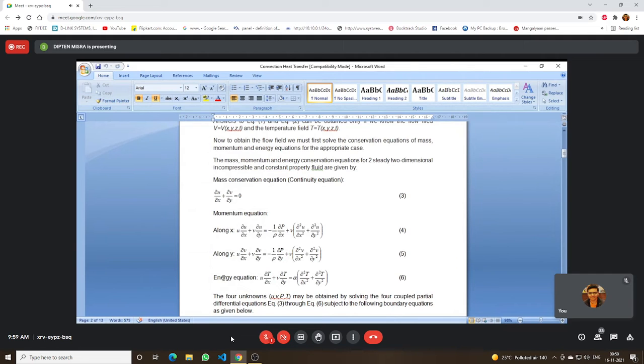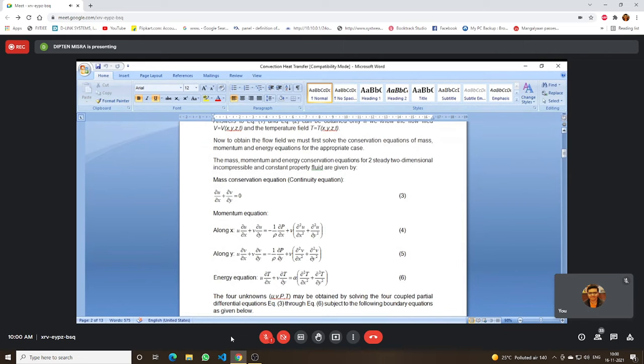If you want to know temperature, you also have to know how U varies with x and y, and how V varies with x and y, and the moment you introduce the velocity, the mass and momentum conservation equations also involve P. So to solve for T, we have to solve for three more unknowns, U, V, and P. Altogether, this is a case of four unknowns and four equations, which if we solve, we can ultimately get the solution for U, V, and T.